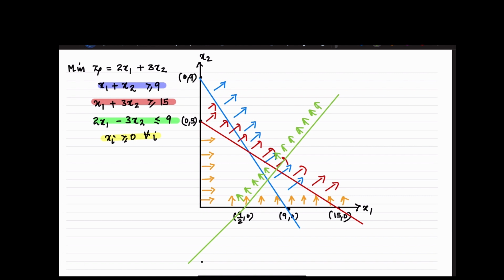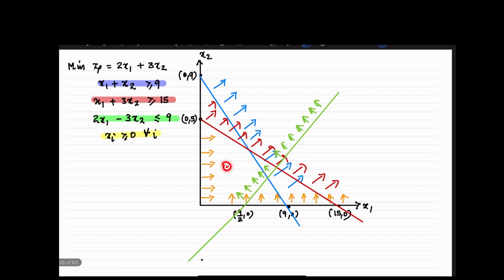So where is the common point? So where is the common region? The common region here is in fact this region that is open-ended. What is the region?